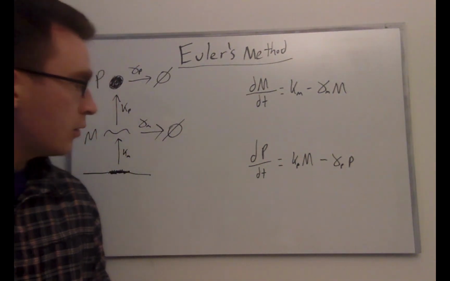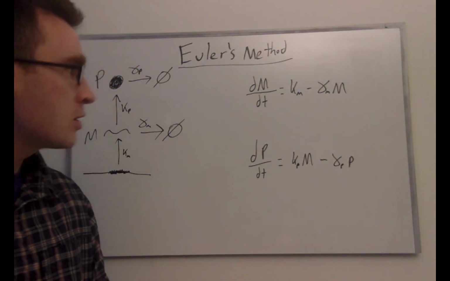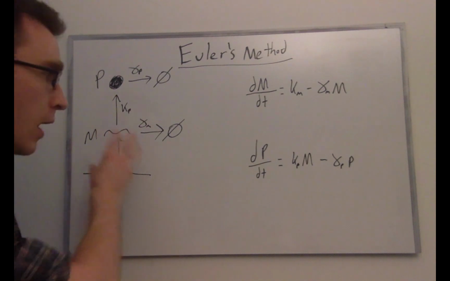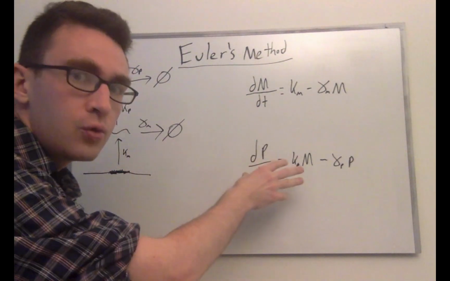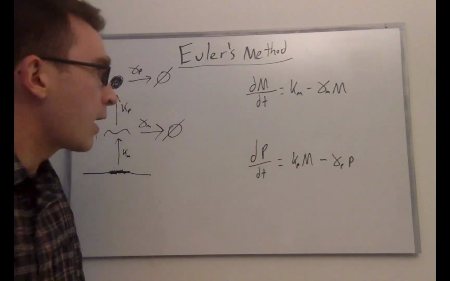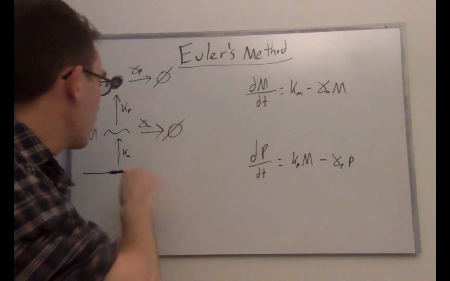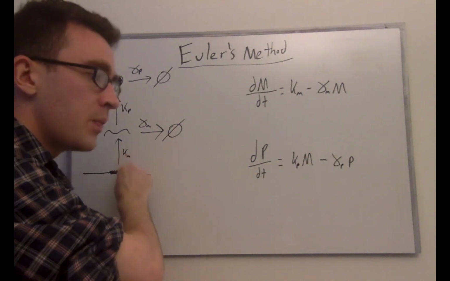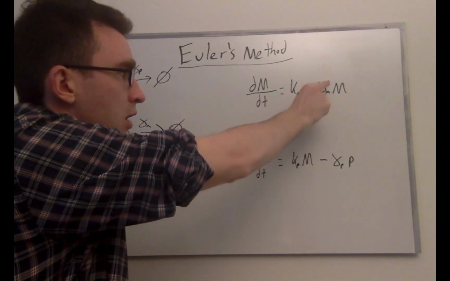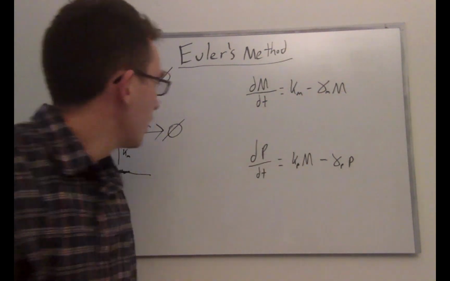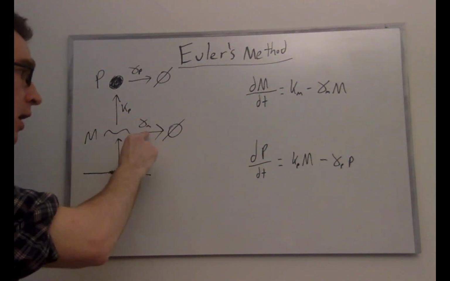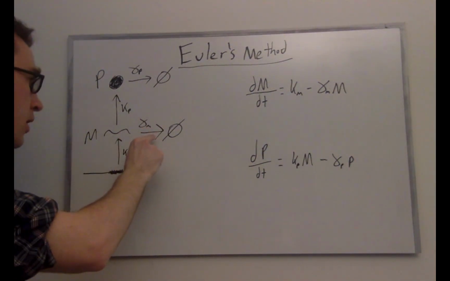Okay, so the first thing I did was just write down the actual ODEs. I took this diagram and wrote two differential equations from it. So we have dm dt equals Km, remember that's our production rate of the mRNA, minus gamma M times M. Remember, gamma M is the decay rate for the mRNA.